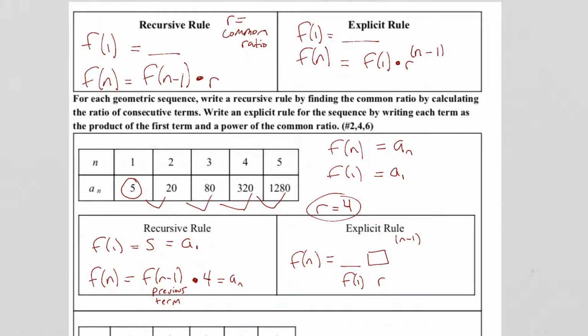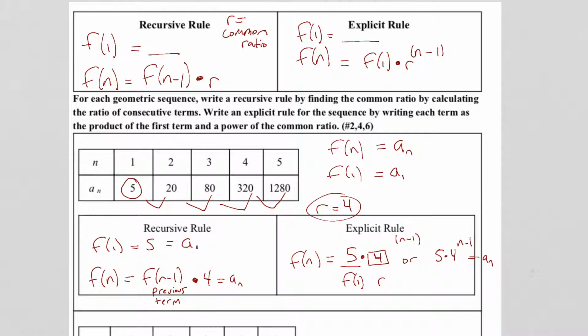So we know r is 4, and we know f of 1, or a sub 1, is 5. So this is 5 times 4 to the n minus 1 power. And that's the same thing as a sub n. A sub n and f of n are the same thing.